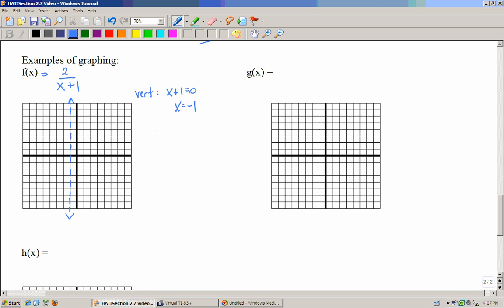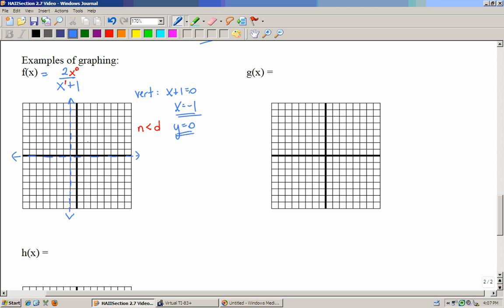If you compare the numerator and denominator on the degrees, the numerator, there's no x value, so it's like x to the 0. The denominator has an x to the 1. Your numerator's degree is smaller than your denominator's degree, so your automatic answer is y equals 0 is your horizontal asymptote. So that runs along the x-axis.